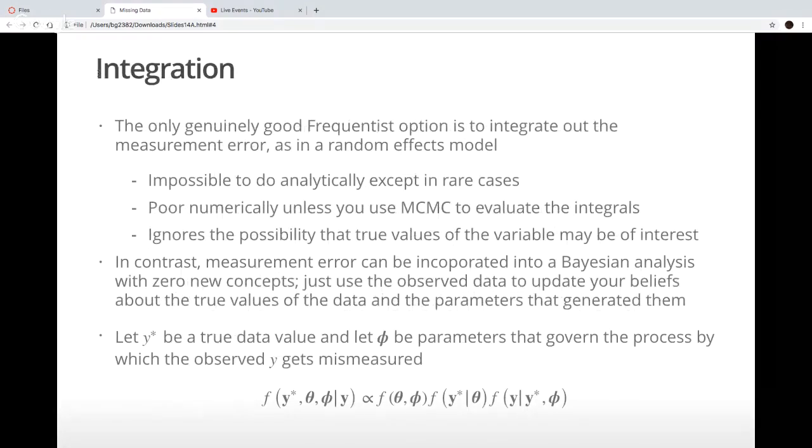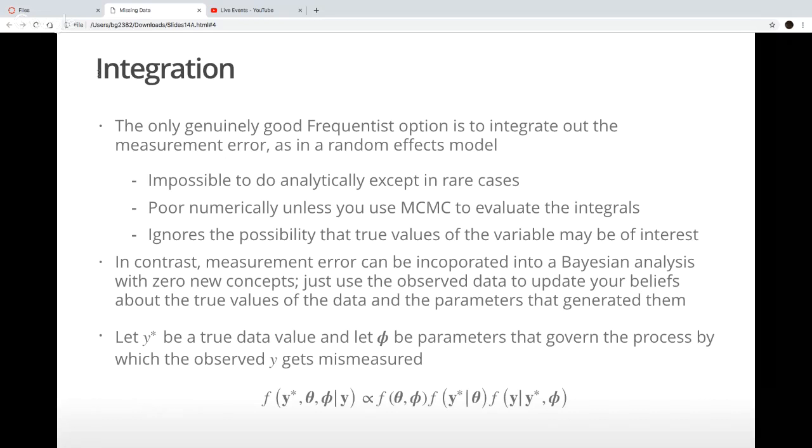And there's not that much you can do about measurement error from a frequentist perspective. The really only good option you have is to integrate the variables that have been measured with error out of the likelihood function the same way frequentists do random effects models.